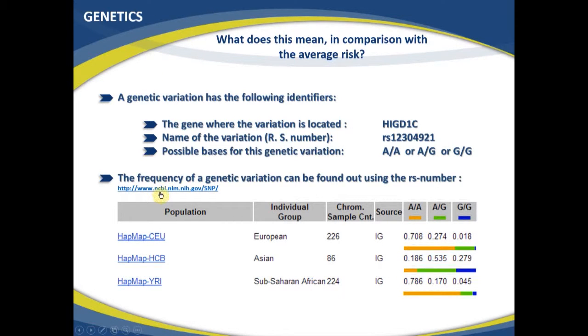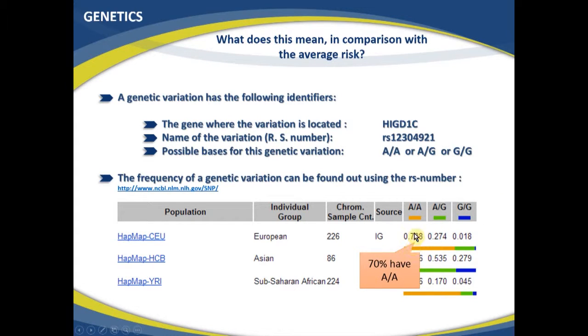And there's a website here in case you want to play around with it a bit. It's the NCBI website. And there you can enter this RS number, and then you get this list here. And here, for example, in the European population, you get these bars here. And what does this mean? You have AA, AG, and GG. That's the three possible results for this genetic variation.